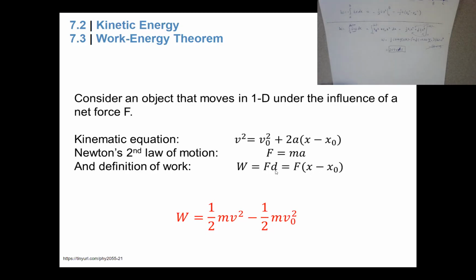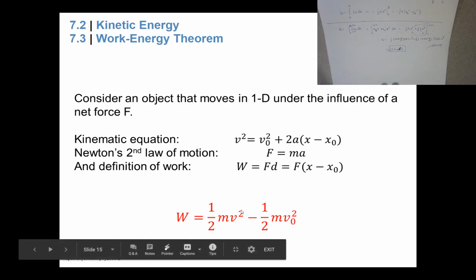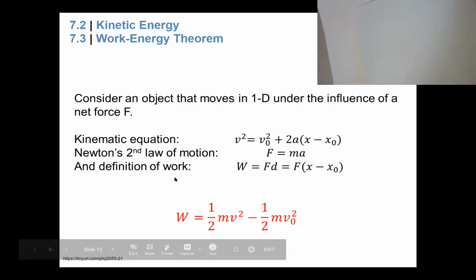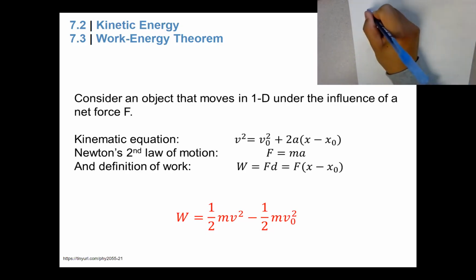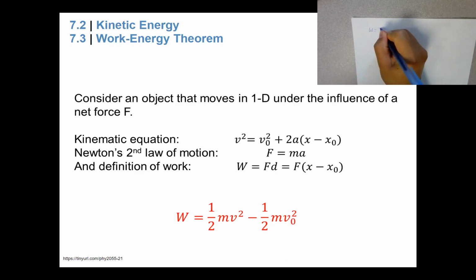Okay, so now let's take a look at the algebra of how I get to the equation down here. Basically, work is equal to force times x minus x naught, right?